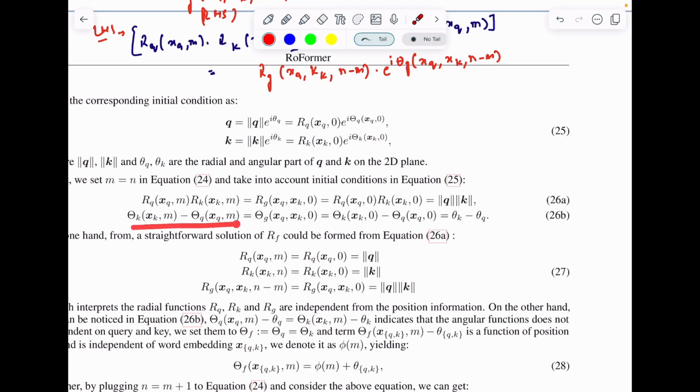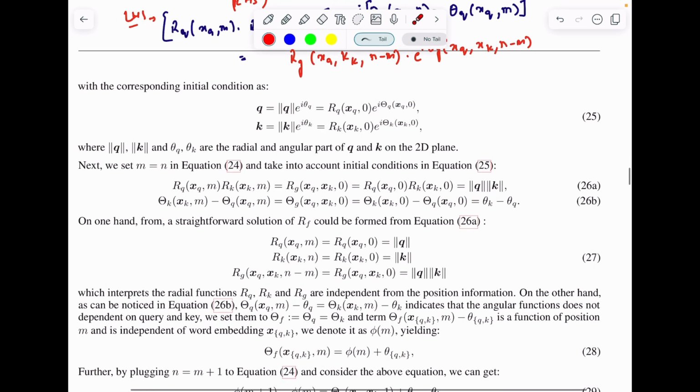Similarly, for the angle, we can do the same thing. You take the left hand side of equation 24, you equate it to the right hand side, you put m equal to n in both the cases. This will result in m minus m being equal to 0. Now, this particular solution is also true when you have m equal to 0 and n equal to 0, which will eventually lead to theta k and theta q.